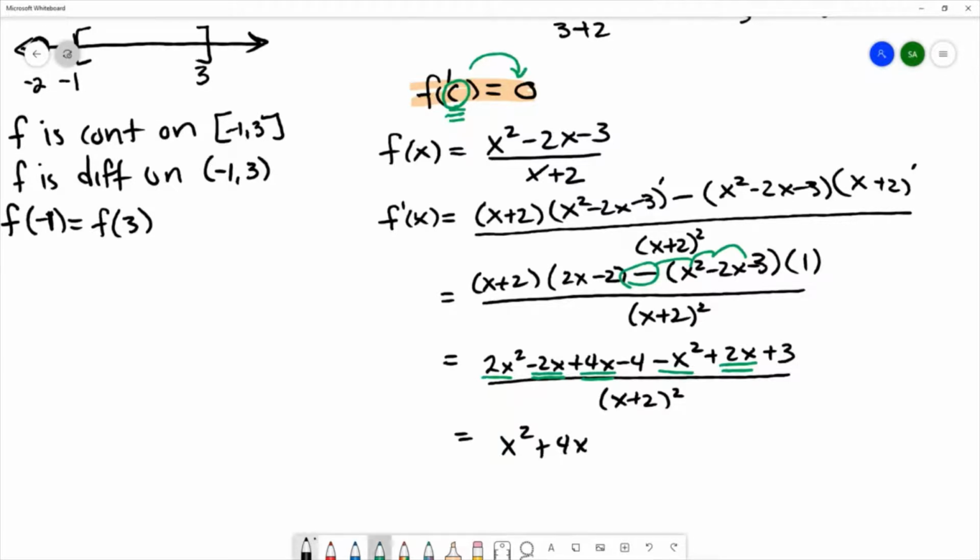And I'll combine a negative 4 with a positive 3. That gives me a negative 1. All of this over x plus 2 squared. So I've calculated the derivative.